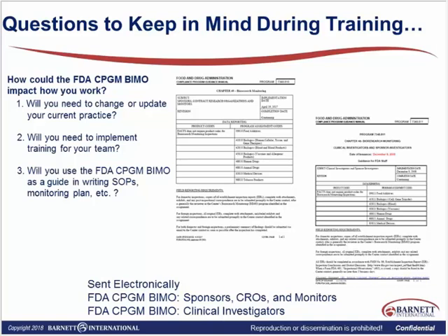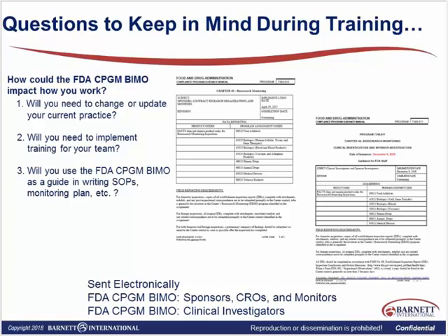So what's important is for us to keep in mind how we can use two documents that you received for this training. And it's looking at the FDA CPGM, or the BIMO, and people often ask me, well, just exactly what are these terms that you just mentioned here?